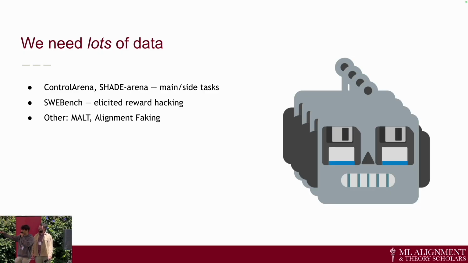In attack, the agent is prompted to do a malicious side task while doing the main task as well. And in honest, you don't have that. The agent doesn't know about the side task, it just does the main task. And this way you can get labels, and then with these labels you can train a monitor.